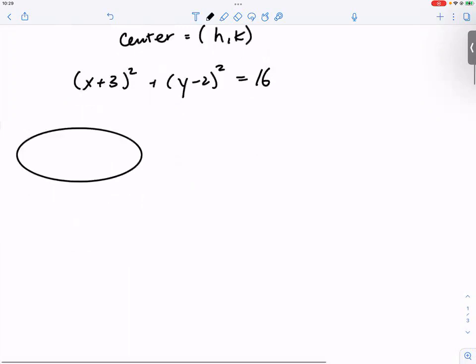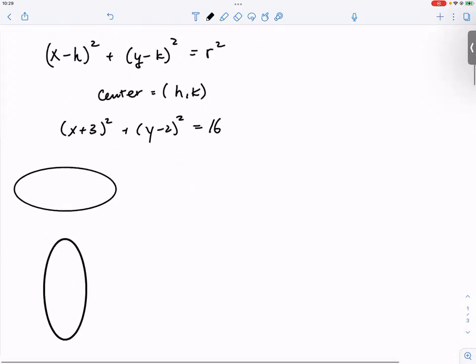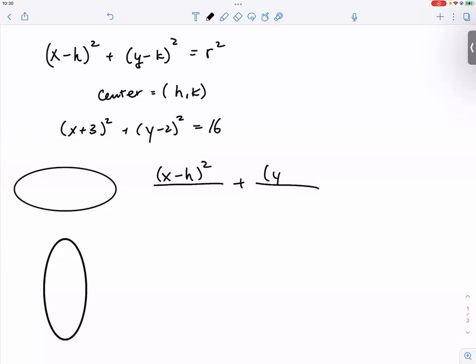The difference is that it's not equal to r squared anymore. It's actually equal to 1. Okay, if it's horizontal, that means the a squared would be positioned underneath the x. Okay, and then the b squared will be underneath the y.